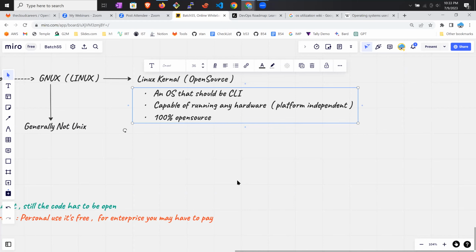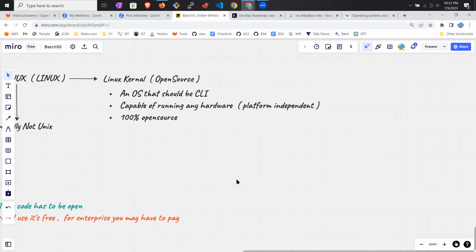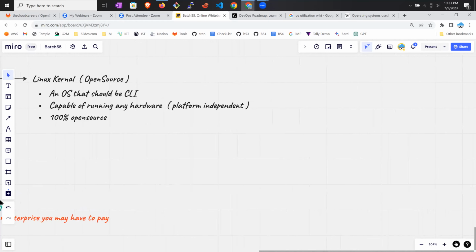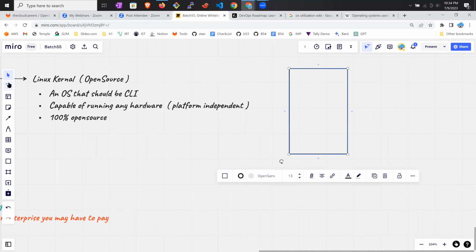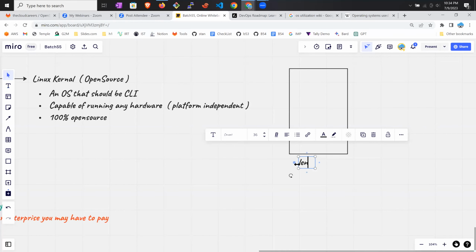So Linux is a platform independent, command line operating system. The commands that you use in Linux and Unix are mostly the same, but they are not copied. They are completely rewritten. What do you mean by capable of running on any hardware? You can buy a Lenovo computer, an HP computer, a Dell computer, or an Acer computer.